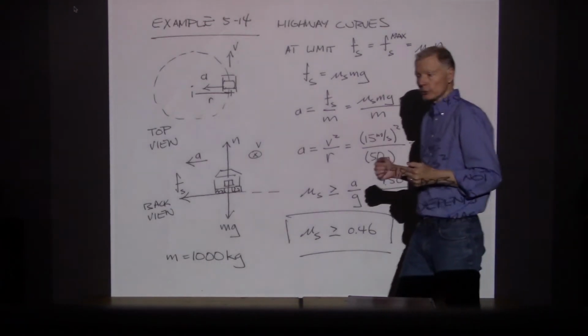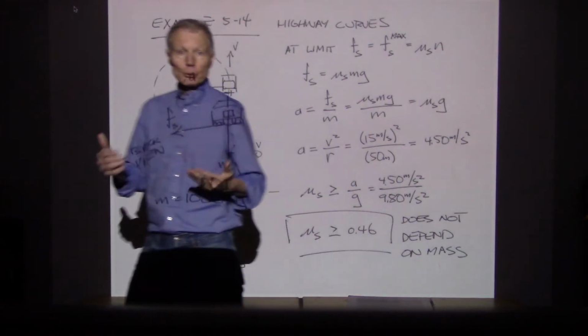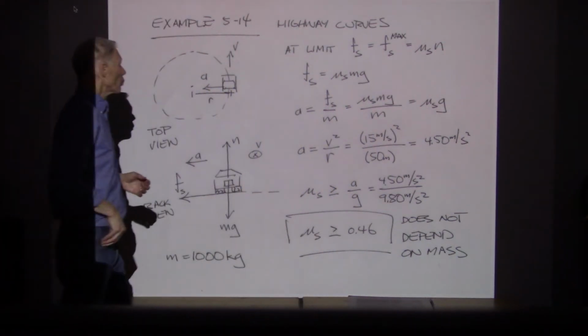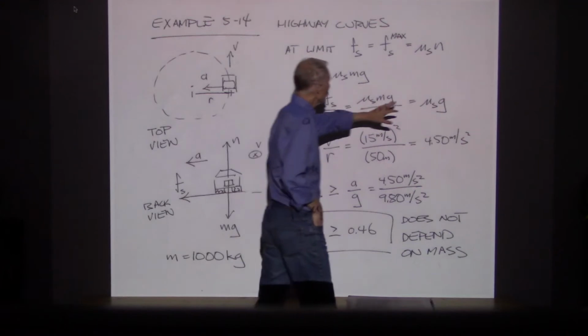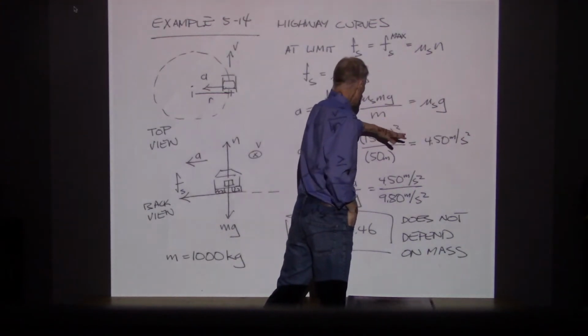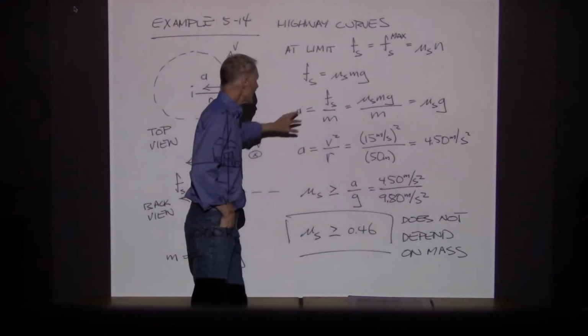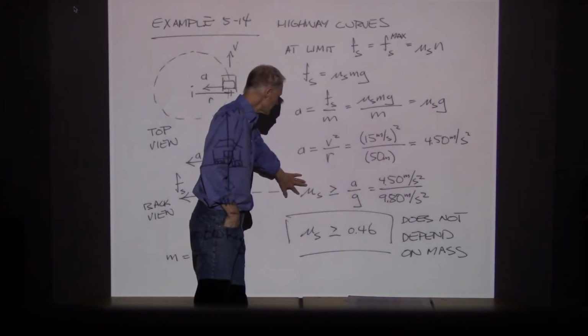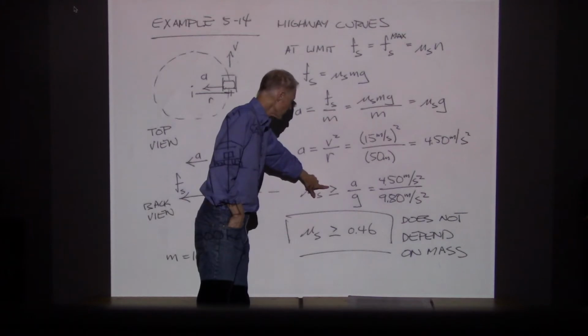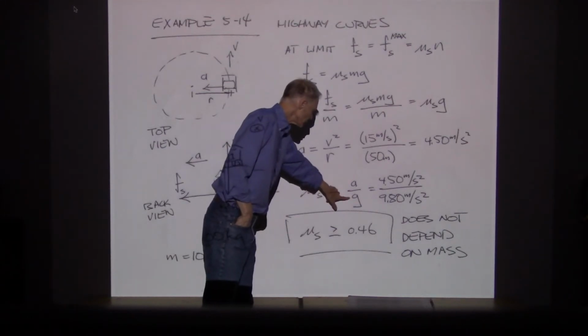That is the acceleration I want my car to undergo. So what we can do then is we can work from this equation and these numbers, and say that mu sub s needs to be at least as large as a over g.